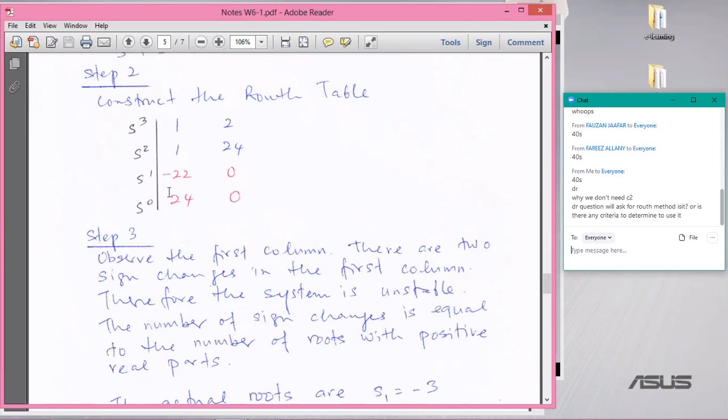If all the elements in the first column do not possess the same sign, then the system is unstable. The number of sign changes will tell you the number of positive roots. Here, positive, positive, negative, there's one sign change, and negative to positive, there's two sign changes. Therefore, this indicates that you're going to have two positive roots.